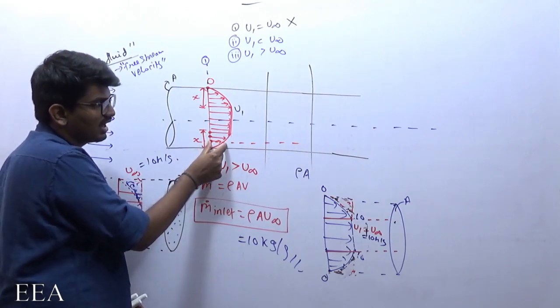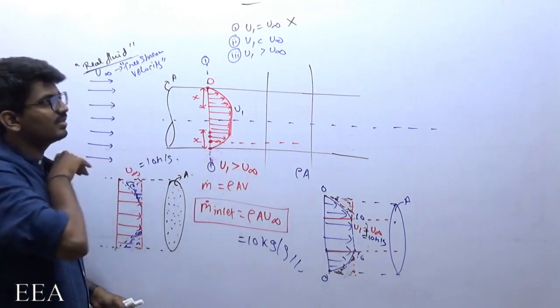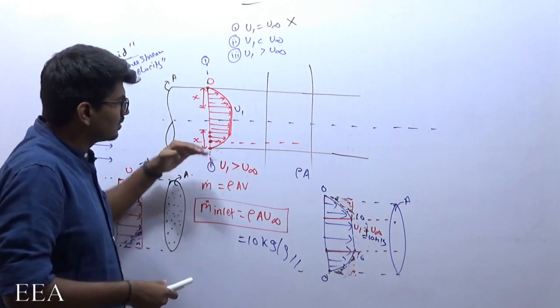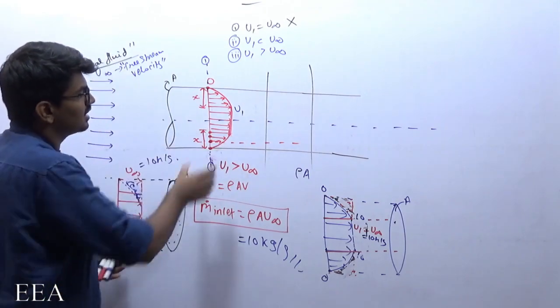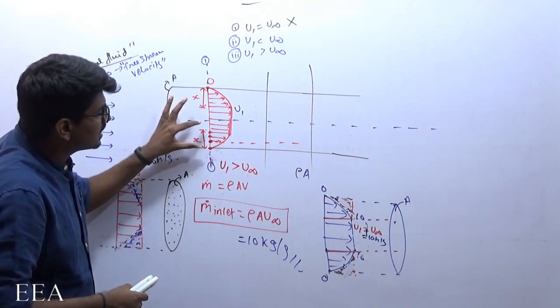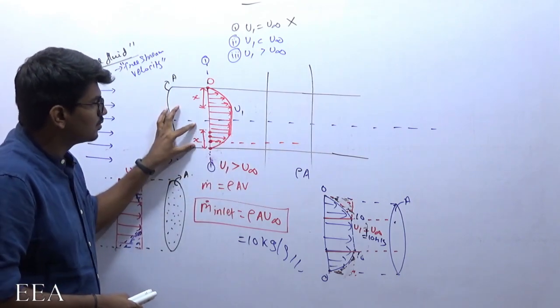Similarly, this is in contact with this, right? So if the second fluid particle is retarded further, then the third will also be retarded further, then the fourth, and similarly the next ones. Because of that, for reaching a constant velocity, it takes more distance.